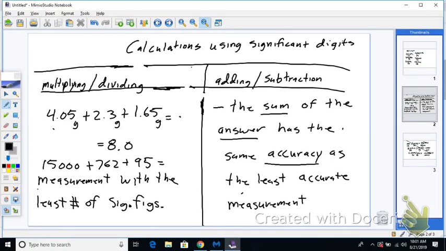Do that, then write what you think the answer is supposed to be according to the least accurate of your measurements there. Students get these 2 switched up. The multiplying, dividing, adding, subtracting. Students get that messed up.